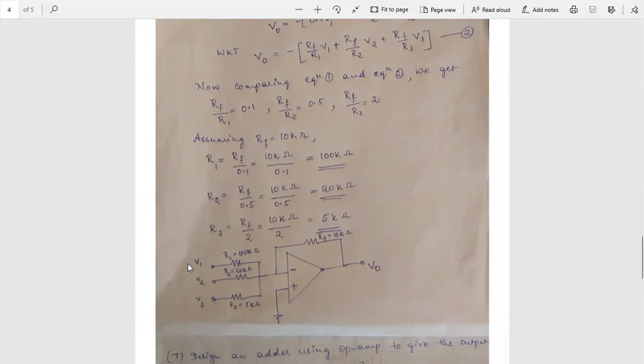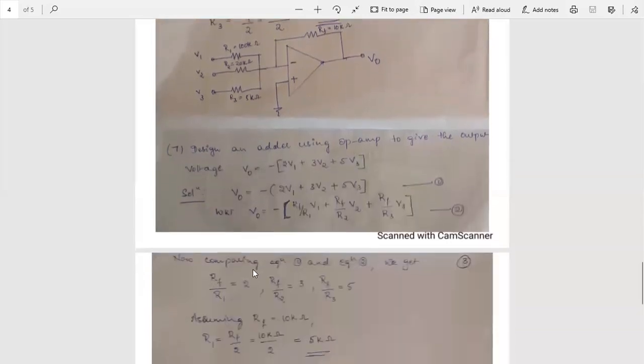V1 is supplied through the resistor R1, V2 is applied through the resistor R2, and V3 is applied through the resistor R3. They are applied to the inverting input terminal of the op-amp and the non-inverting terminal is grounded, and the output feedback is provided from the output to the input terminal of the op-amp.